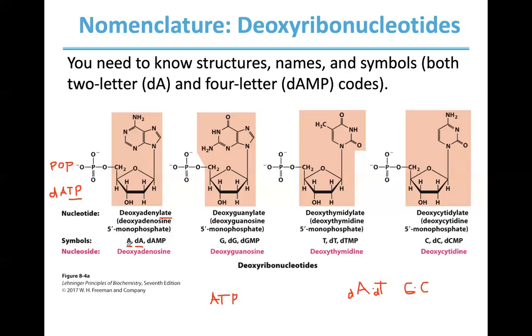It's just because we all understand that since it's a component of DNA, we can drop the D. Now, if I work with both DNA and RNA, in that case, I have to be specific and say that this is a component of DNA and this is a component of RNA. All right, and so the 4-letter will be deoxyadenosine monophosphate, which is this one.